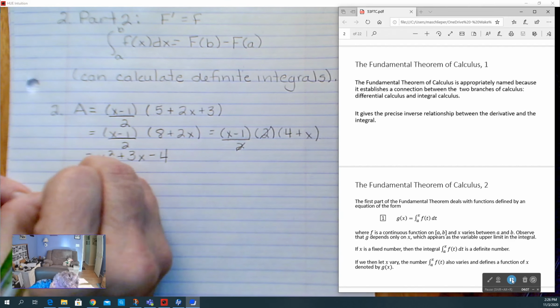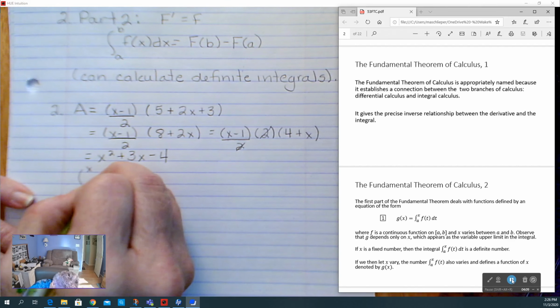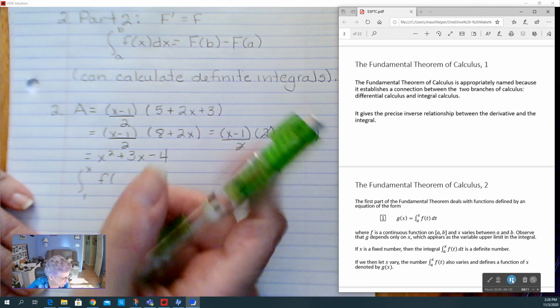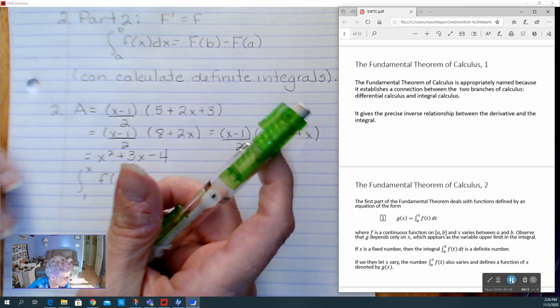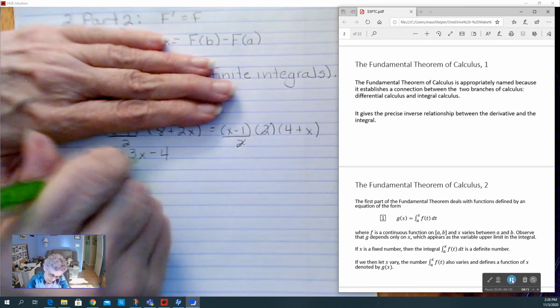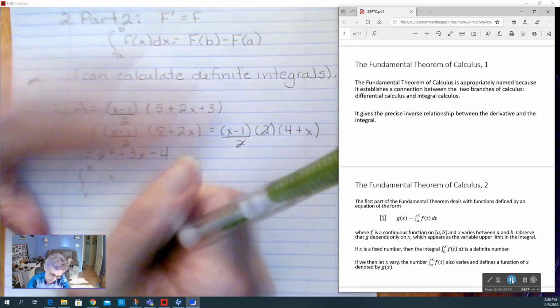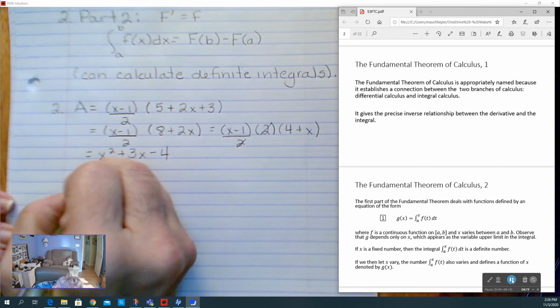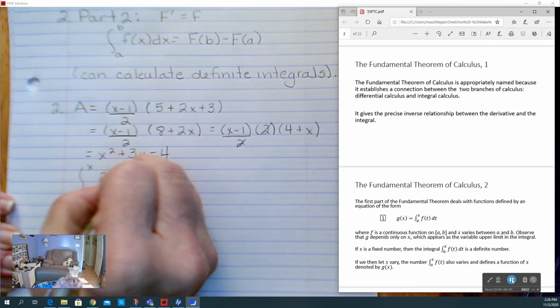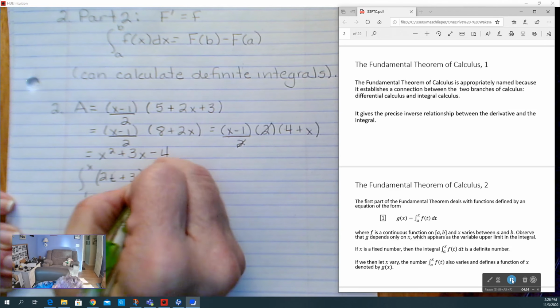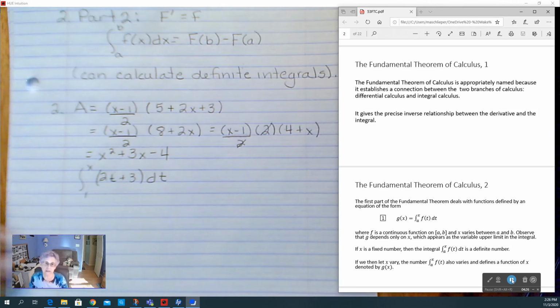from 1 to x of this function underneath 2t plus 3. So I'm going to call that 2t plus 3 dt, because that's the area under the curve from 1 to x of 2t plus 3. There's my function.